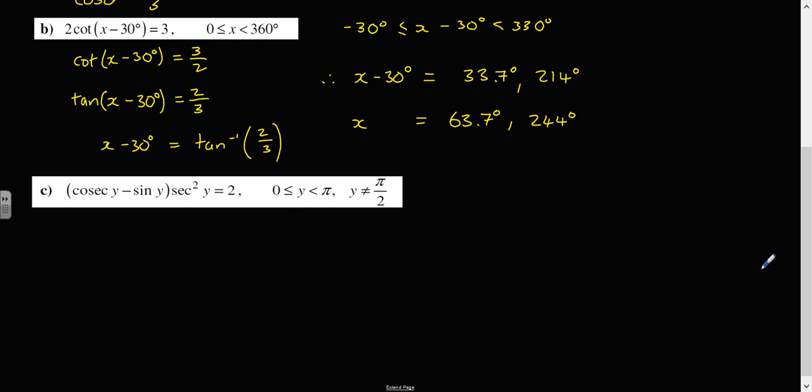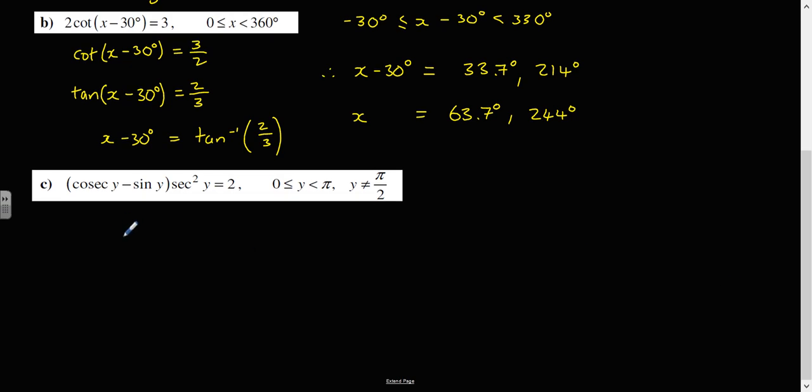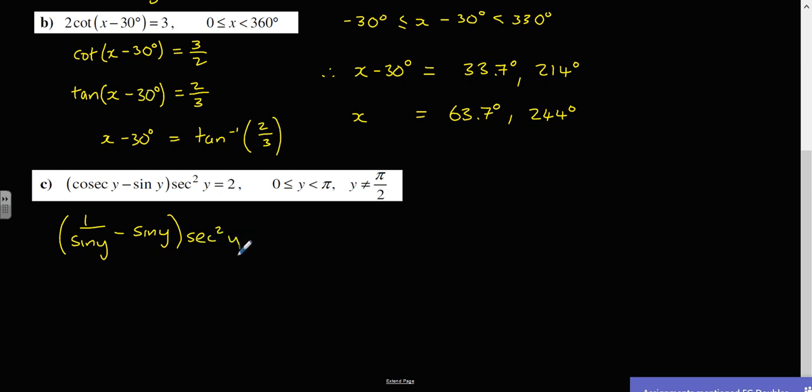So for our final one here, again, we've got a bracket, and we're going to have to multiply that bracket out. But first, we'll do a little bit of work. So we've got cosec y, which is 1/sine y, minus sine y, multiplied by sec squared y equals 2. Okay, so I've just replaced cosec with 1/sine. I'm going to combine these two things together.